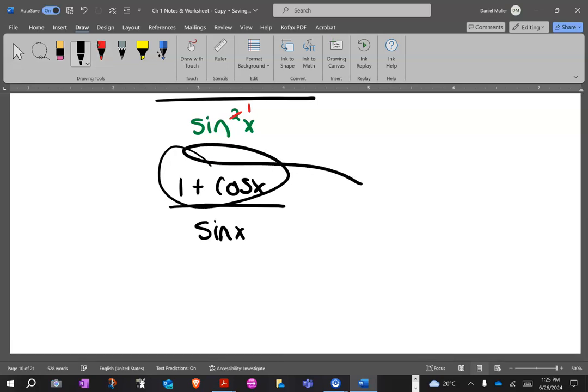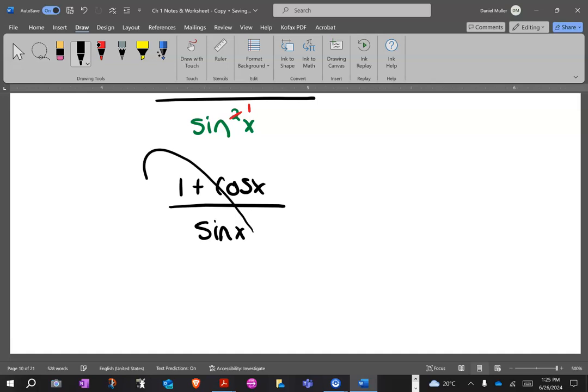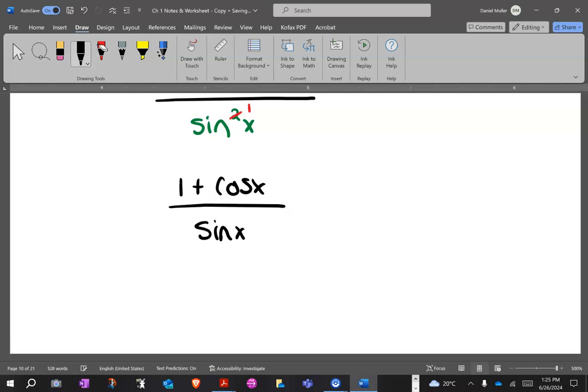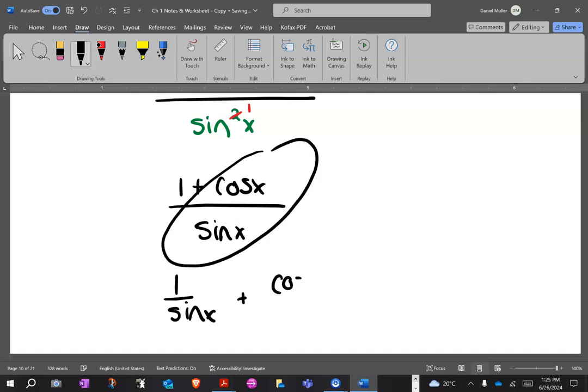So one of the things we can do is we can say, well, we're going to go this plus this. We've done that before already. So I'm going to have a 1 over sine of x plus cos of x over sine of x.